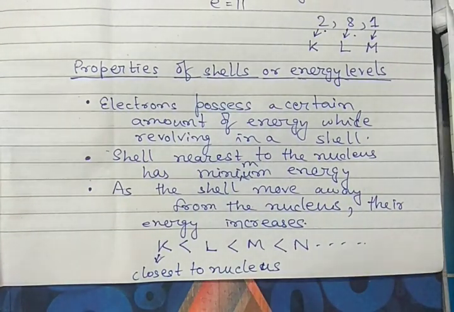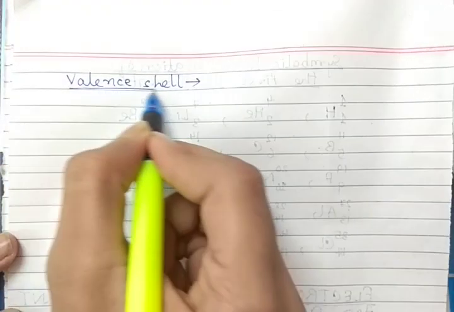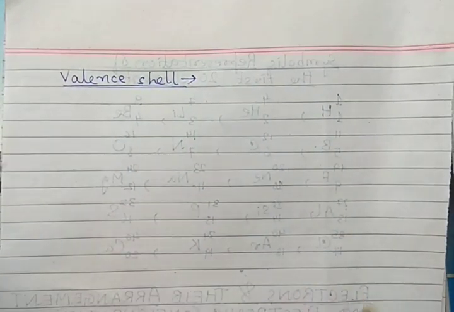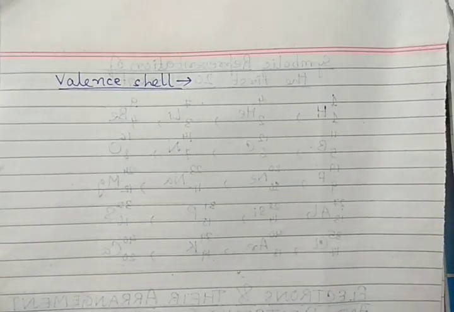And as soon as we move away from the nucleus, energy increases, okay? Okay, so what is valence shell? Valence shell is the outermost shell of an atom. Outermost means the shell which is farthest from the nucleus, okay?